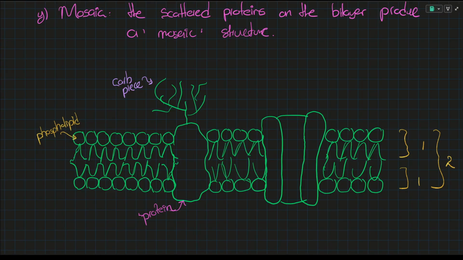When the carbohydrate piece is attached to the protein, we say that this is a glyco, for the glucose or carb piece, and protein for the protein piece. This is a glycoprotein. What if I attach another glyco piece onto a lipid like this?